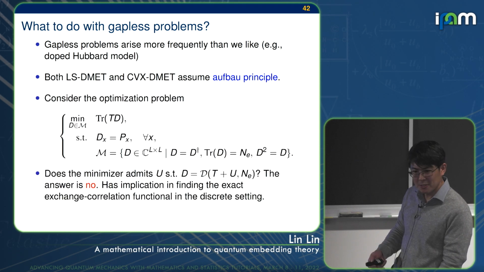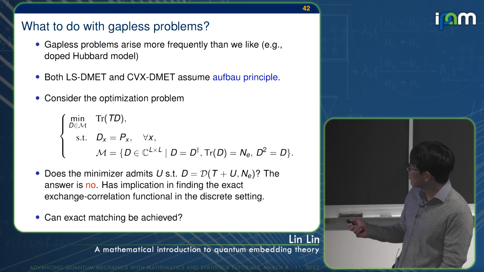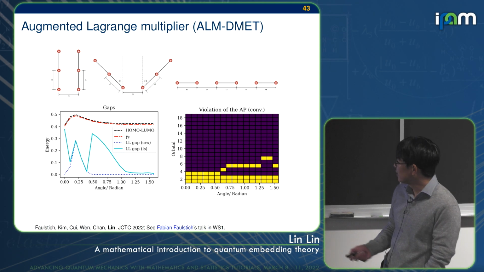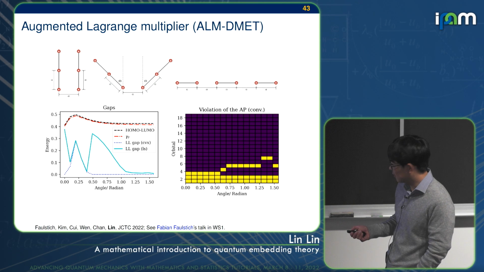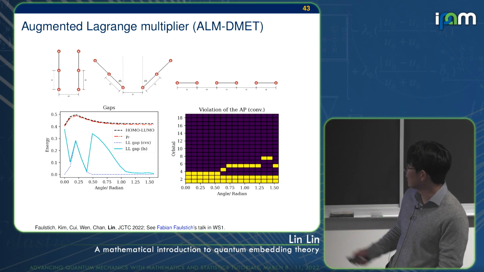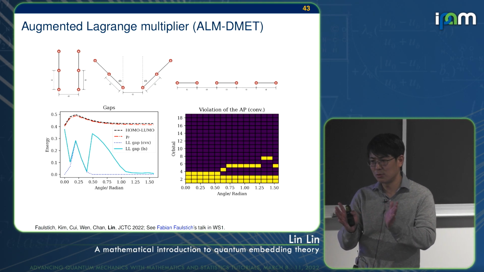Let me just skip this and just ask, is there a way to skip the Aufbau principle to yield the exact matching? And I believe this is Fabian Faustich, and he is going to give a talk on this in workshop 1. I won't talk more about that. Just want to say that this Aufbau principle can be violated in some rather trivial regimes.